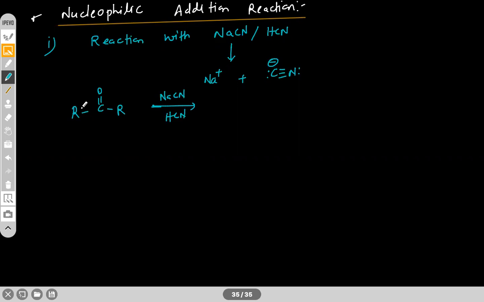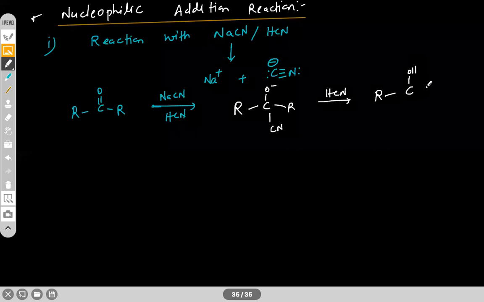CN minus attacks onto this carbonyl carbon. It converts into RCO minus, R and CN, which gets protonated from the solvent, converts into RCOH, R and CN here.